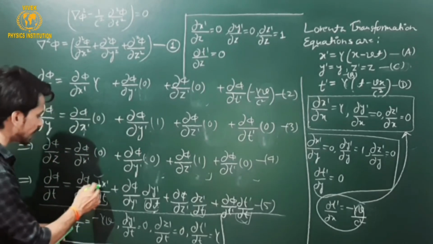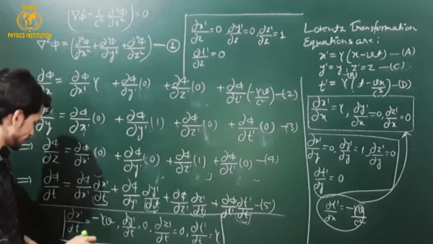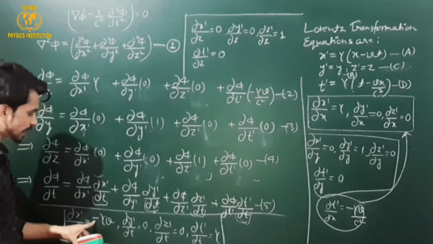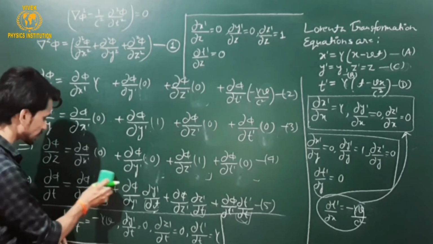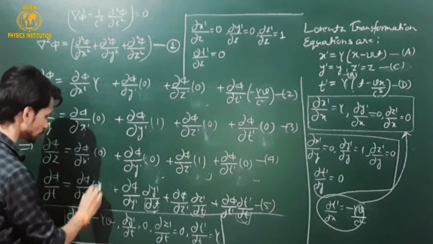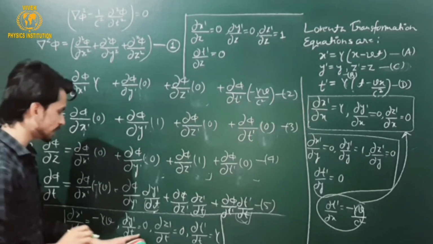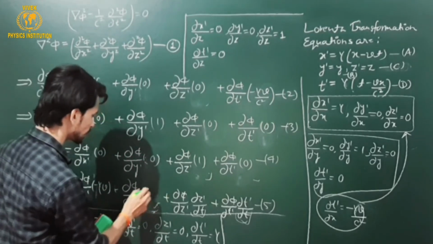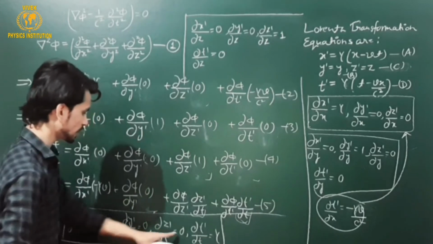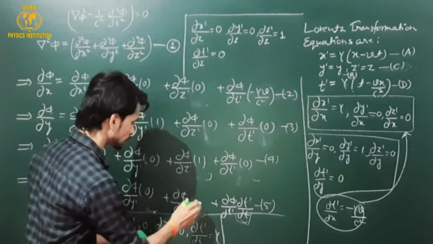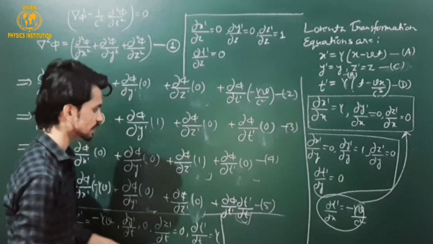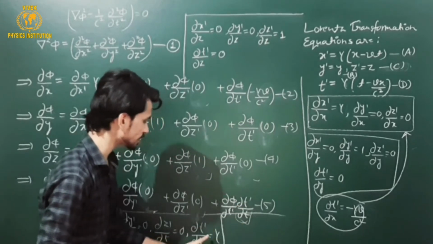So the value of del x dash over del t from this consideration is minus gamma v, right? And this factor is 0. This will vanish out later. This factor is again 0 from this consideration, and del t dash over del t is nothing but gamma.